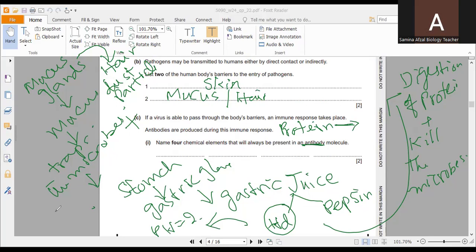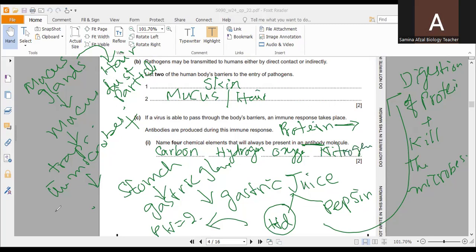So, proteins are made up of different elements, the elements which are common in all types of nutrients. They are carbon, second one is hydrogen, third one is oxygen, and fourth one is nitrogen.